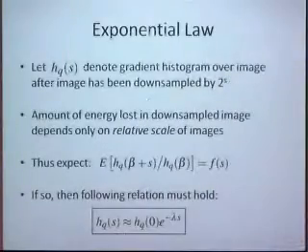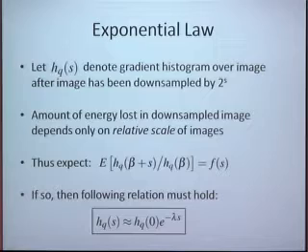If you take the gradient histogram at a scale beta plus s, so downsampled by beta plus s, versus the image downsampled at beta, it'll be some function that only depends on s. It will not depend on beta. So it only depends on the relative scale of the images and not the absolute scale. And this only holds on average. It may not hold for an individual image.